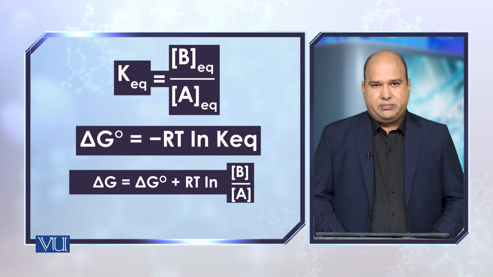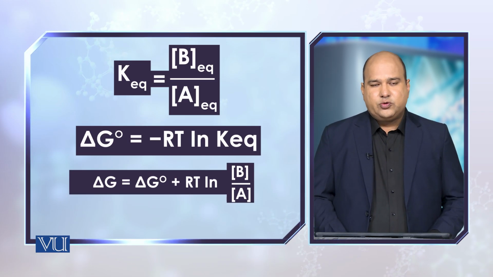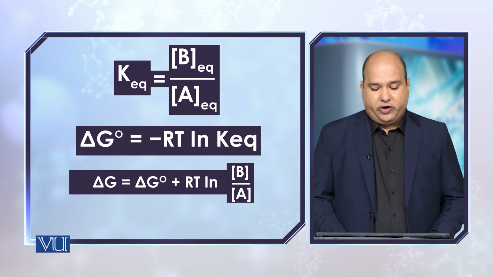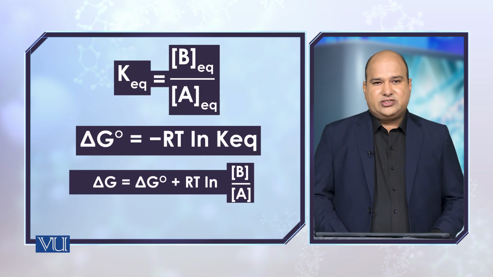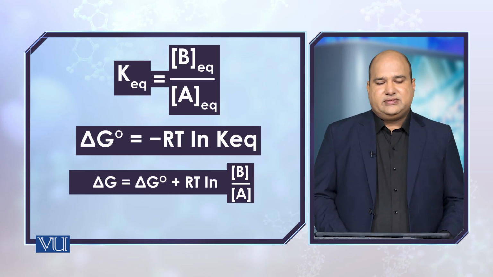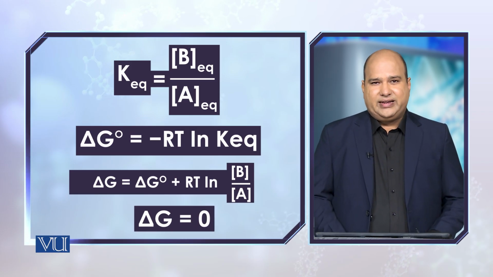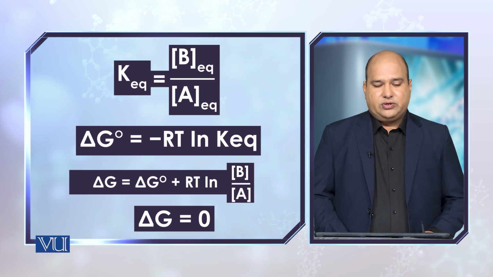You should also keep in mind that when a system is at equilibrium, for instance in our body, then the concentration of reactant and product is stable. That is why it is an equilibrium, and as a result the value of delta G is equal to 0.